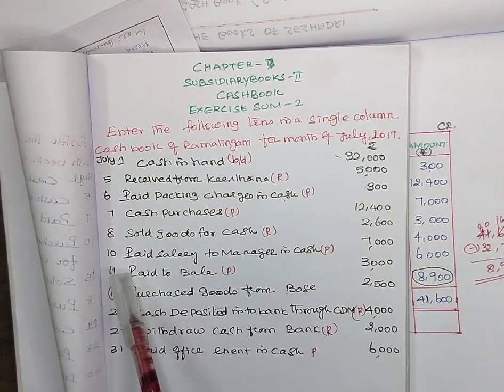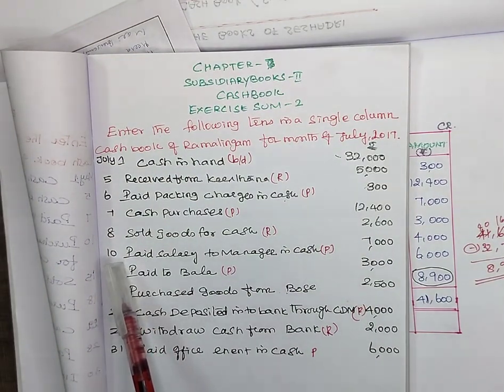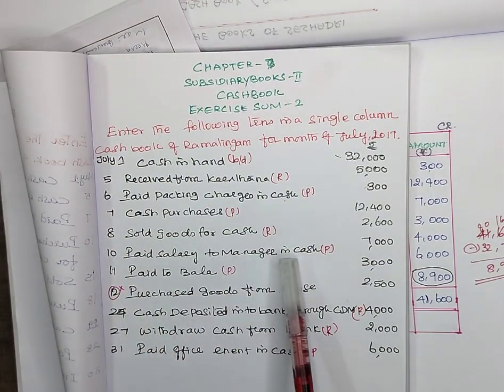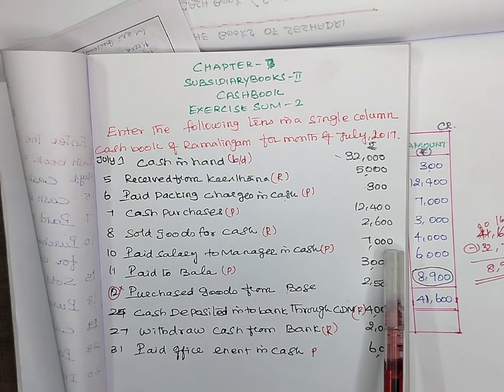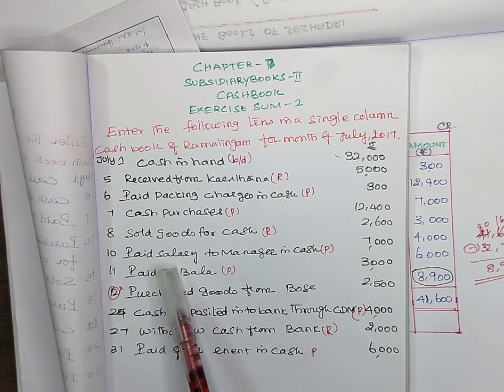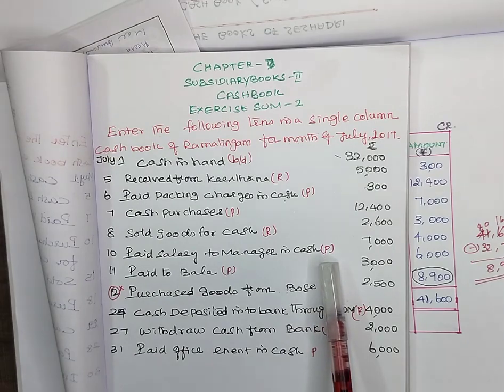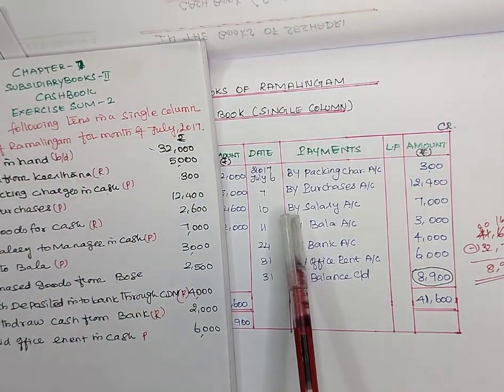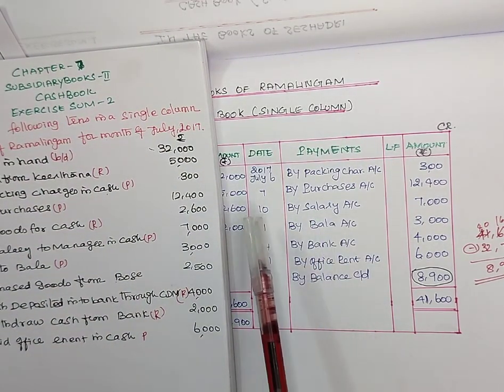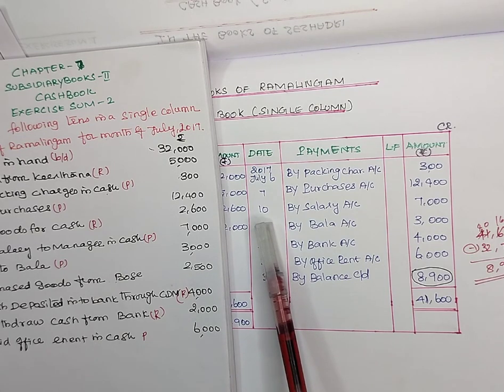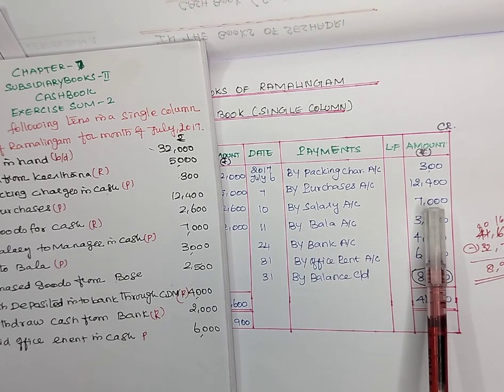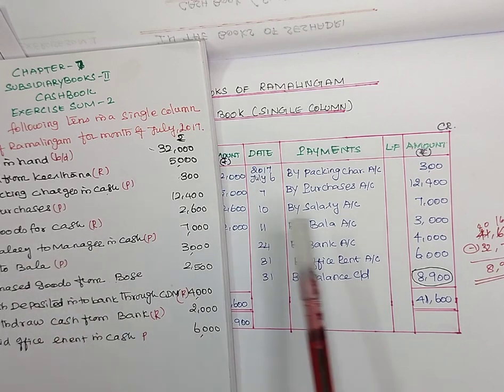The next transaction is July 10, paid salary to manager in cash rupees 7,000. Paid salary means expenses, paid means payments. You go to the credit side, dated July 10, by salary account 7,000, because paid salary means payment.